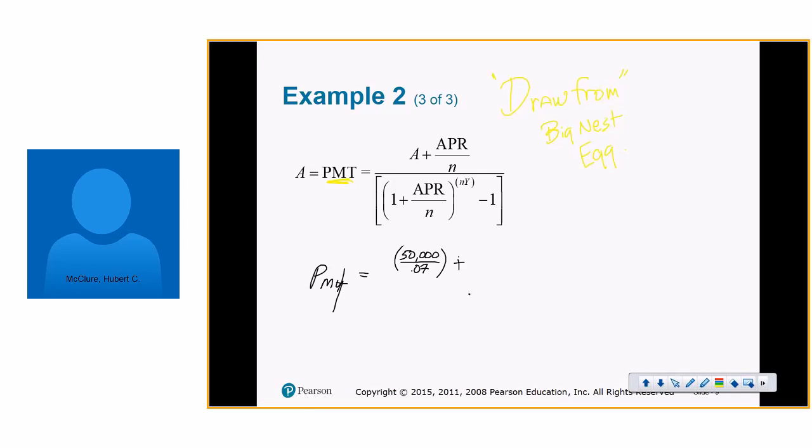Anybody write down the rate? Would that be the 70%? I'm sorry, what'd you say? 7%? Okay, you're right, 7%. Over 1 plus 0.07 divided by 12 raised to the nt power. N is 12, what is it, 25 years? Yes. Minus 1.